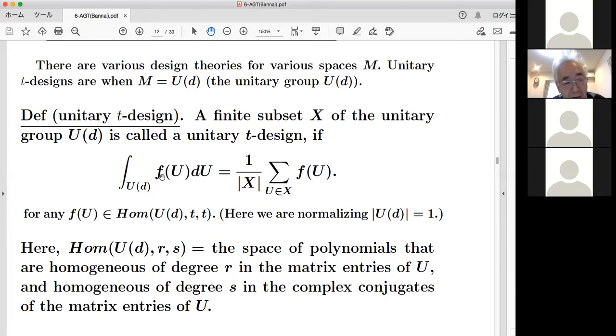And what is our polynomial f on the unitary group? This is actually defined as follows.